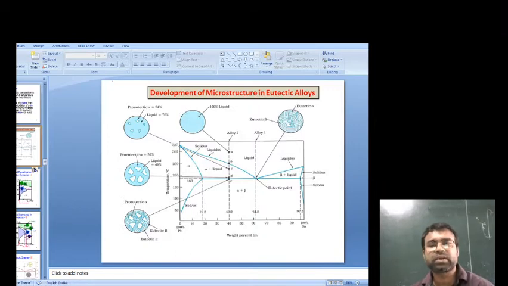This is the basic binary eutectic diagram that is showing the isomorphous system.